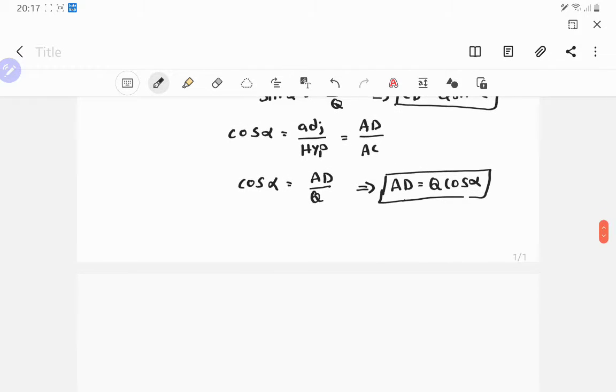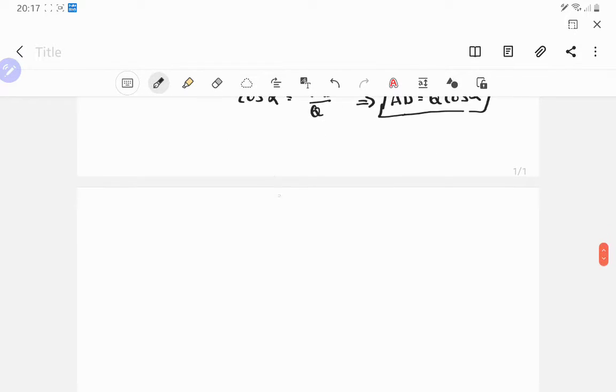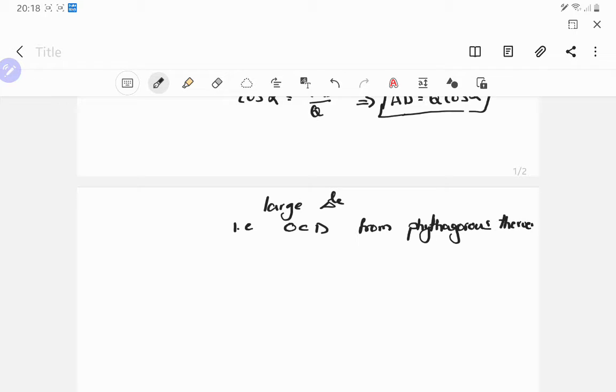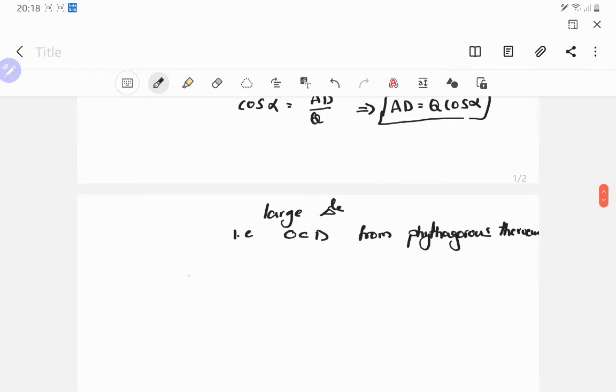Now if we take the large triangle, that is OCD, from the Pythagoras theorem, hypotenuse square is equal to side square plus side square, where the hypotenuse is OC.